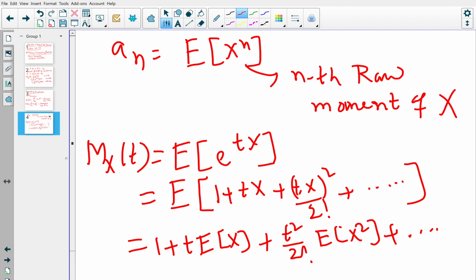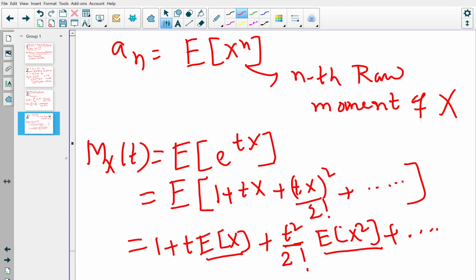Expectation of X is the coefficient of t, and similarly expectation of X square is the coefficient of t square by 2 factorial.